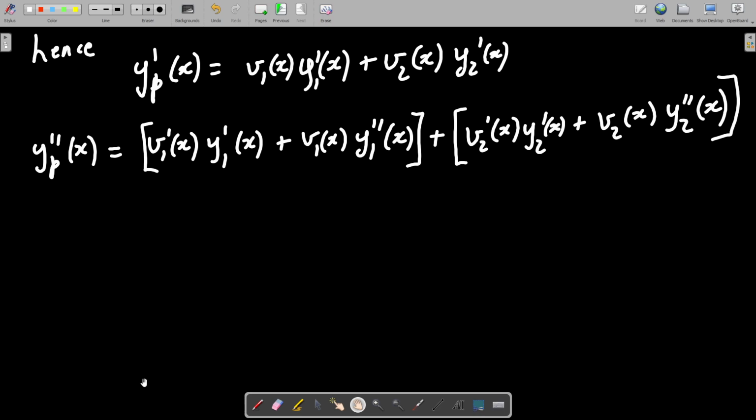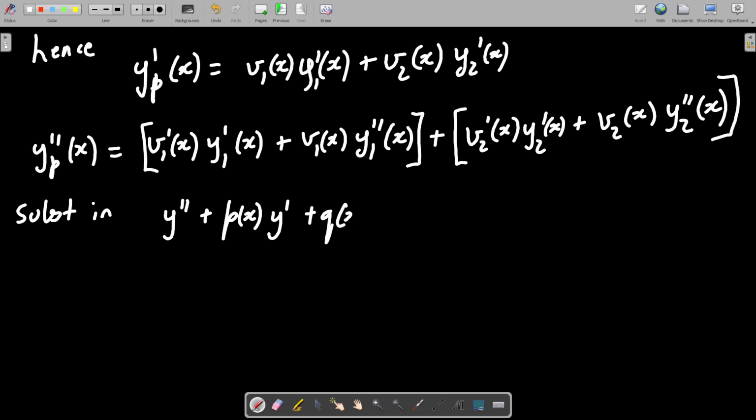So substitute in y double prime plus p of x y prime plus q of x y. Substitute these values then. So what will you get?